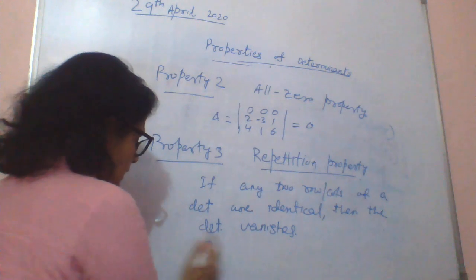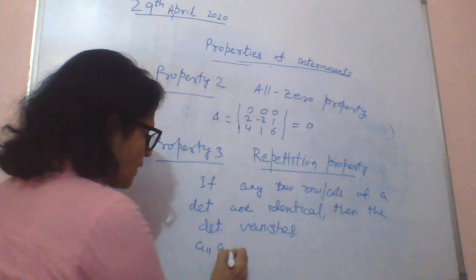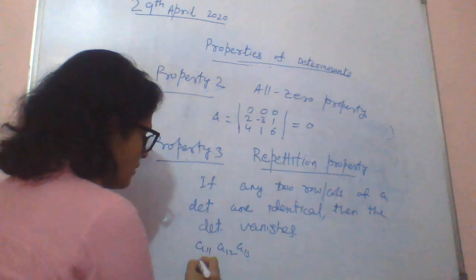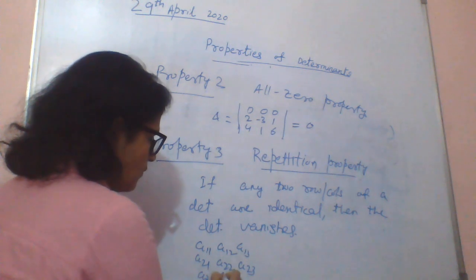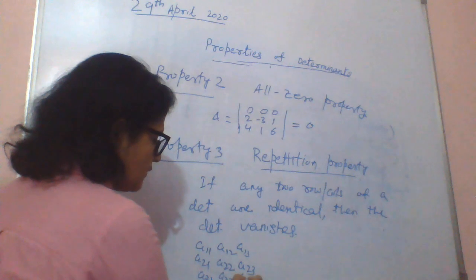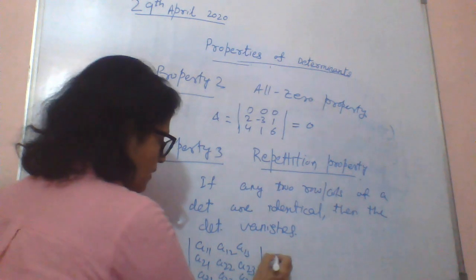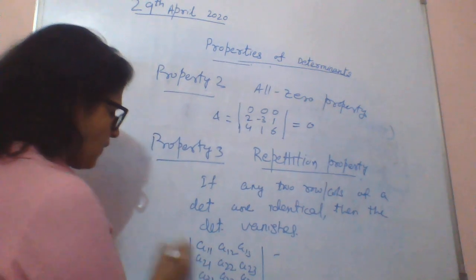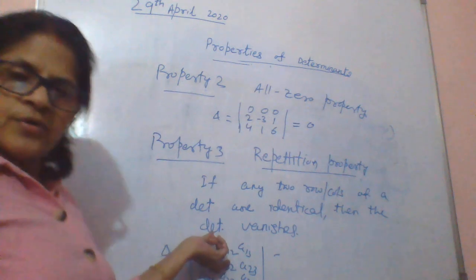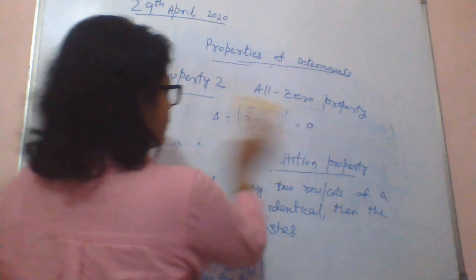Suppose you have A11, A12, A13, A21, A22, A23, A31, A32, A33. Usually we take the determinant like this.